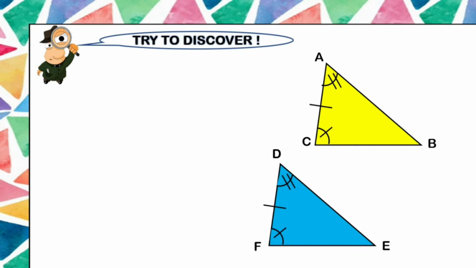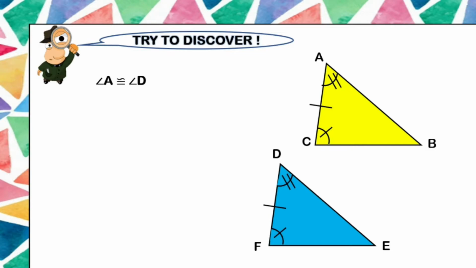For us to be able to understand the lesson that we are going to discuss, let us analyze the two given triangles presented on your screen. That is triangle ABC and triangle DEF. Can you tell which angles or sides are congruent to each other?